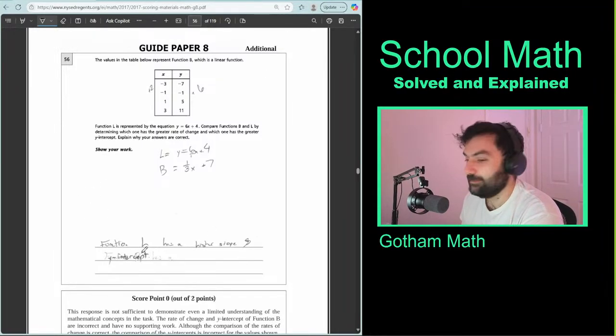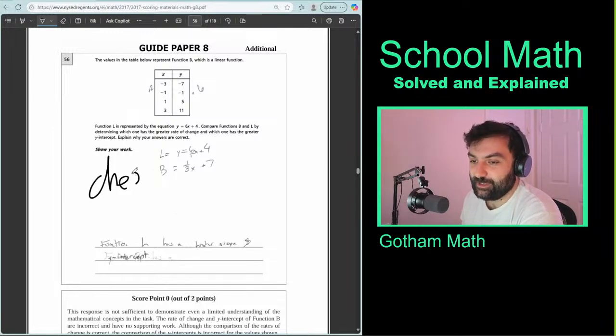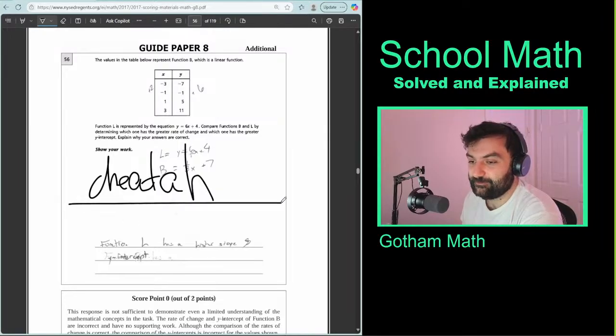Function L has a higher slope and y-intercept, which is correct, but cheating. Cheetah, which is the new word for cheater.